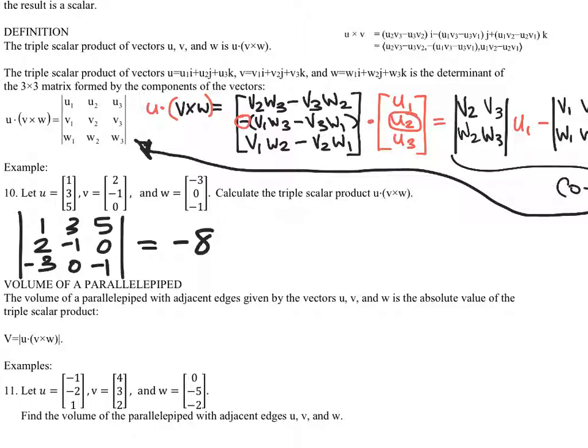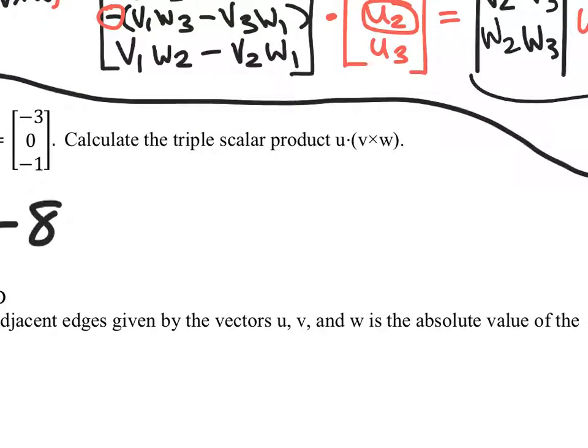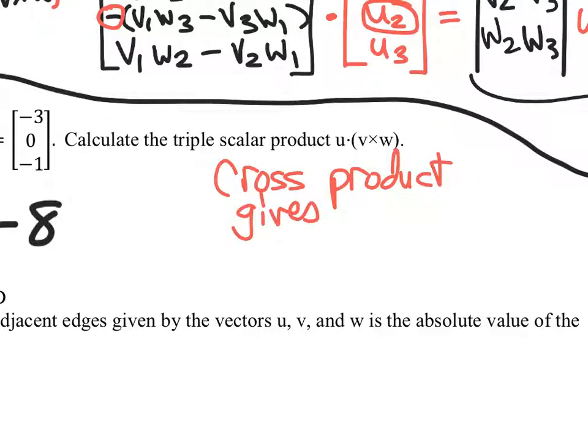So the cross product gives, well, the magnitude anyway, the magnitude gives you a length that's consistent with the area of a parallelogram.